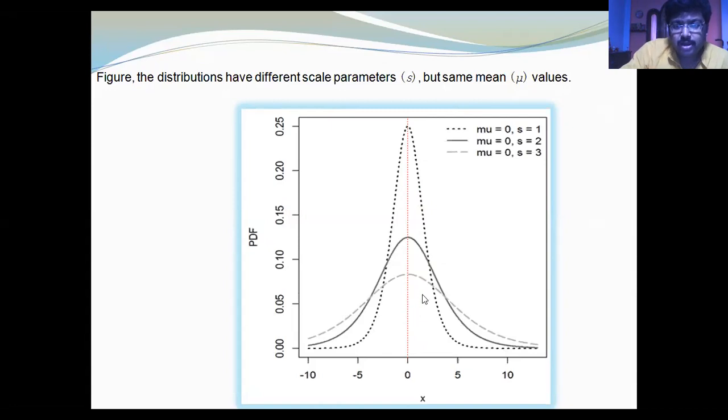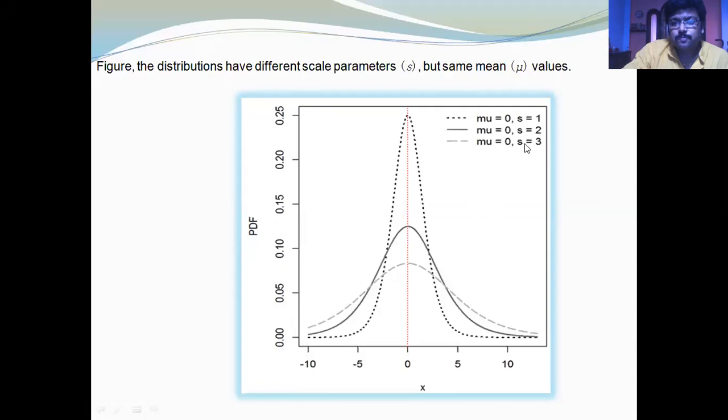Here you can find that when the scale parameter is 2, then this solid line is the logistic distribution curve. It is more flat. You can say it is flatter.